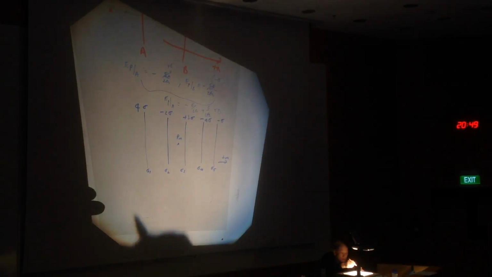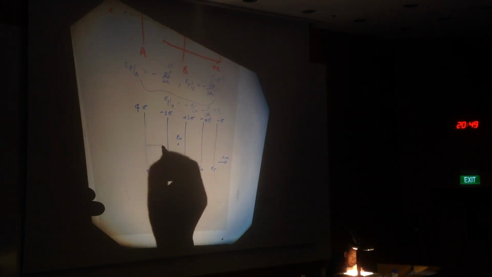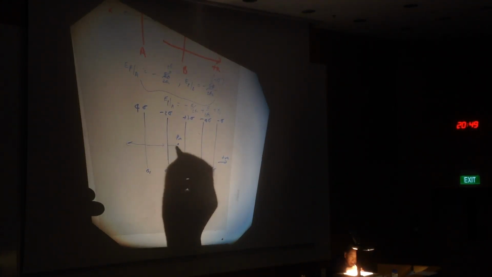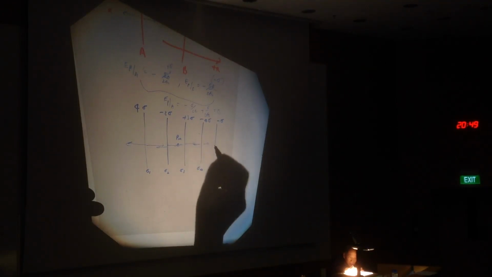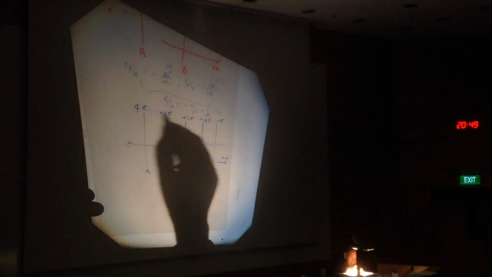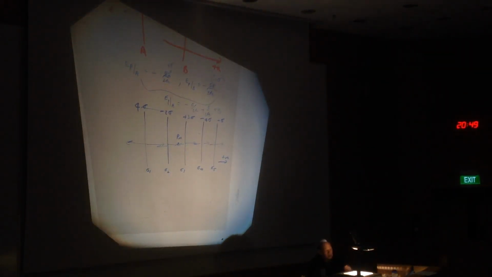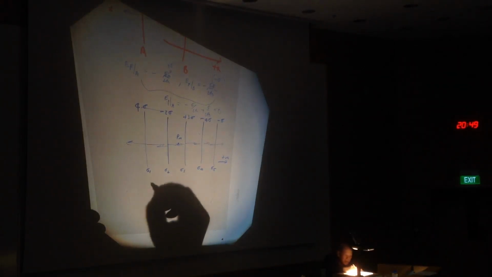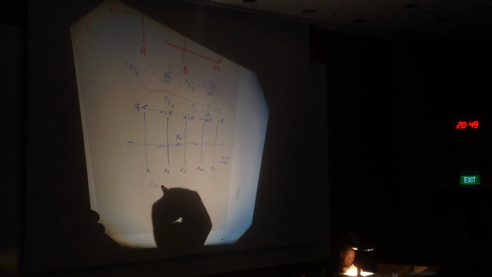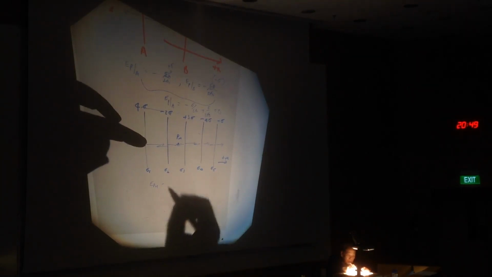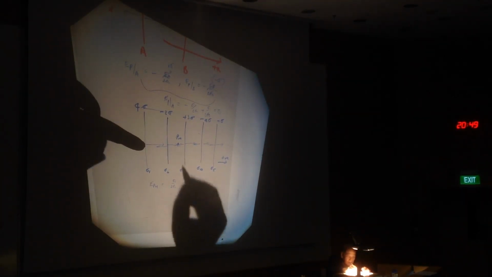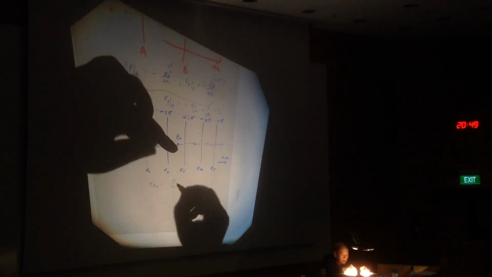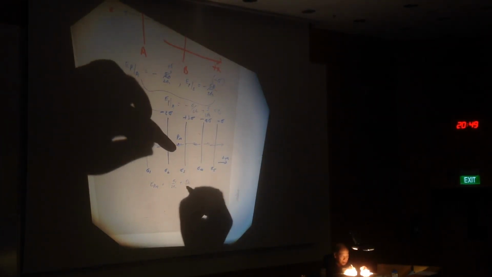So of course positive, coming out. Positive. So we can write down E at P and M. For this one, positive, sigma 1 over 2 epsilon naught. For this one, positive, sigma 2 over 2 epsilon naught.